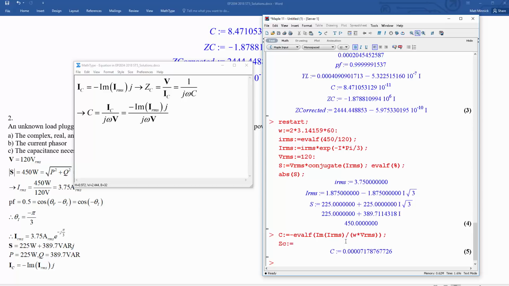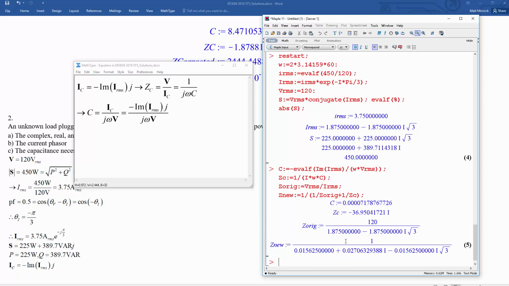So ZC would equal 1 over I times omega times C, and Z original would equal V RMS divided by I RMS. And then we can find Z new by saying 1 over Z orig plus 1 over ZC, adding the two things in parallel. Let's check.